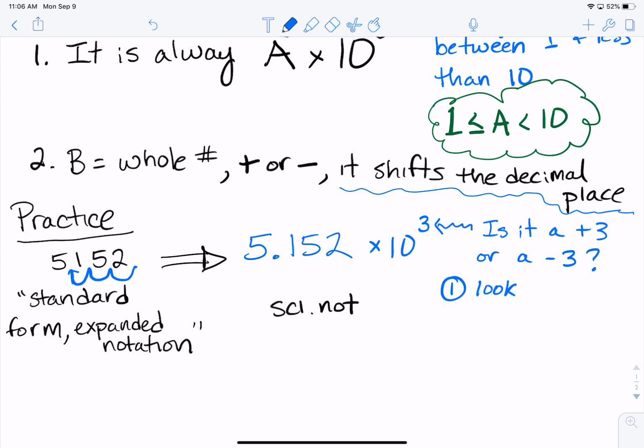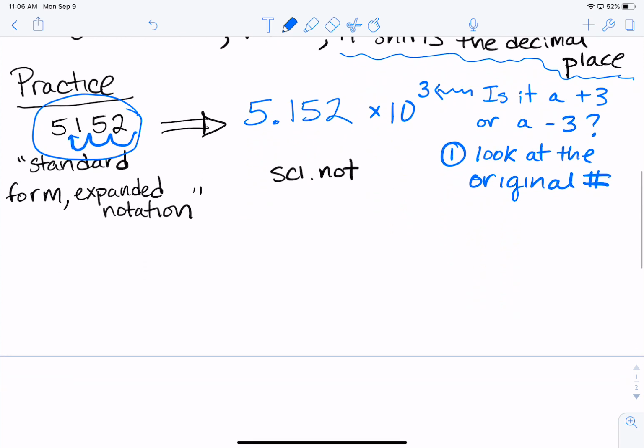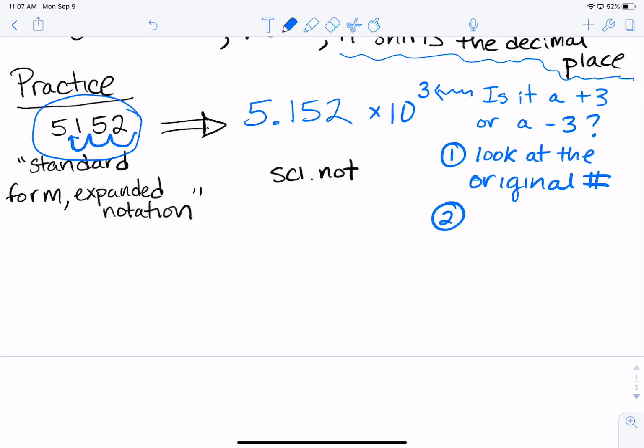So I want to look at the original number, meaning this number, 5,152. I will decide if it was a big number or a little number.